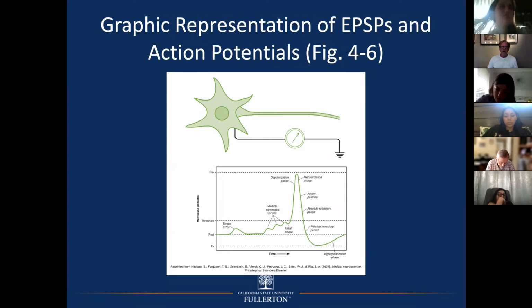And then here comes along an EPSP, and it gets generated. And it goes up. Now, it doesn't go up to here, where it says threshold, and it doesn't show it here, but we know that's minus 55 millivolts. You see the EPSP doesn't get it there. So it just dissipates, and you return to RMP again, minus 70 millivolts.